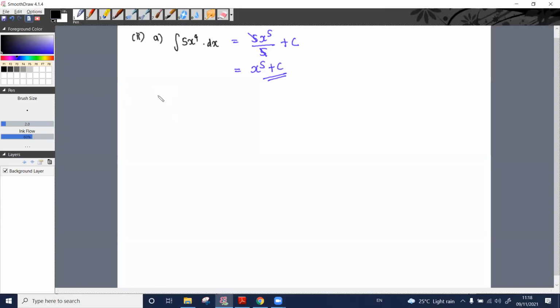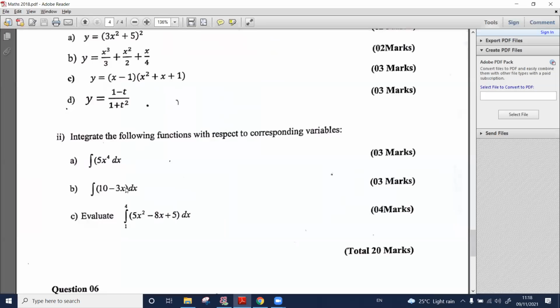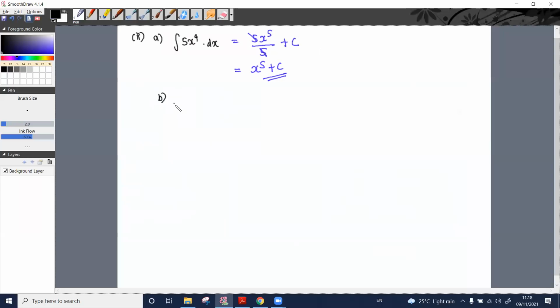Then part B. 10 minus 3x. Again, we need to integrate this one. Once we integrate a constant, what should it be? That should be that constant into variable x.